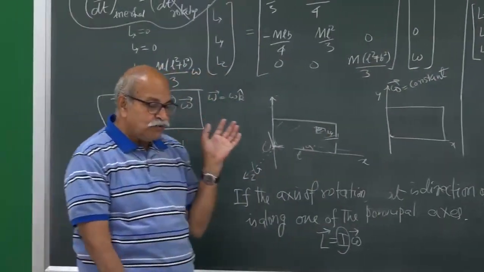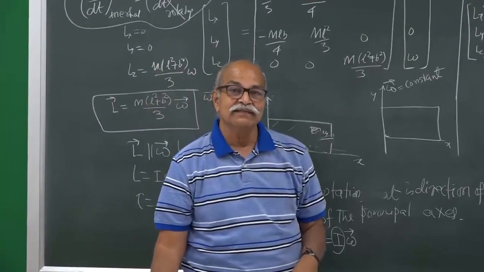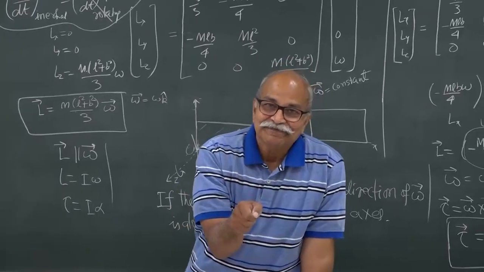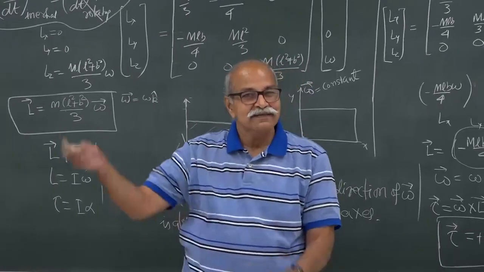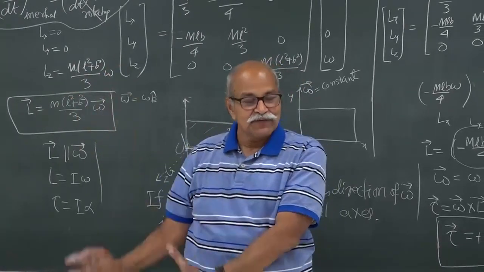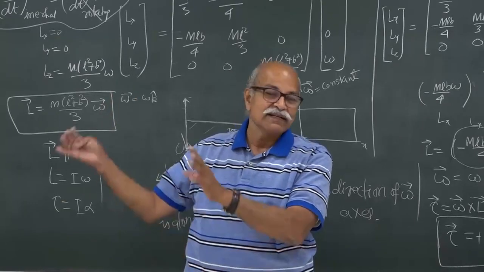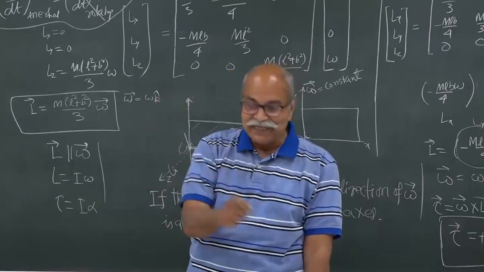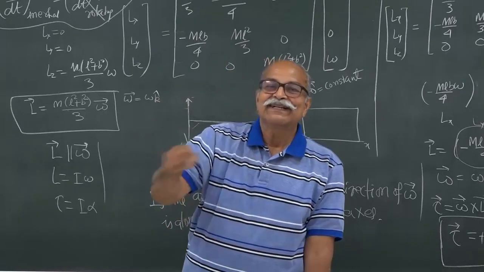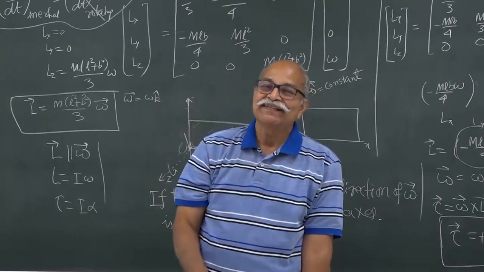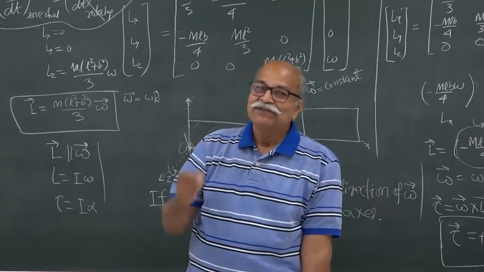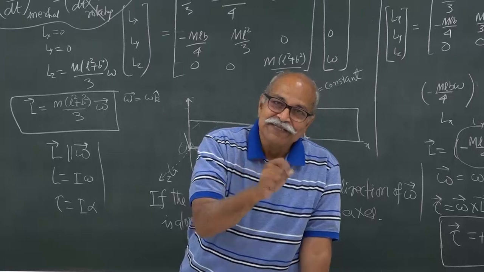Now, how to find the principal axis of any rigid body given the origin? There are standard mathematical procedures. You have to solve certain equations, and those equations will definitely give you the 3 directions which are principal directions, or principal axes going through that particular origin.